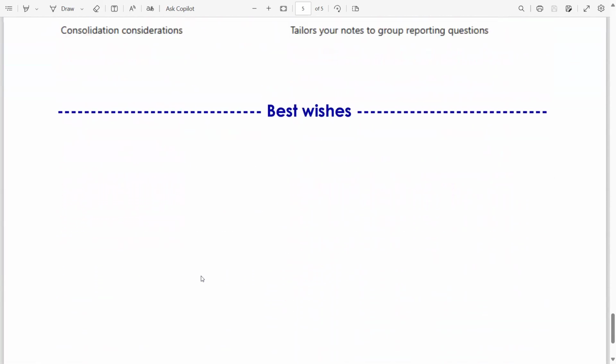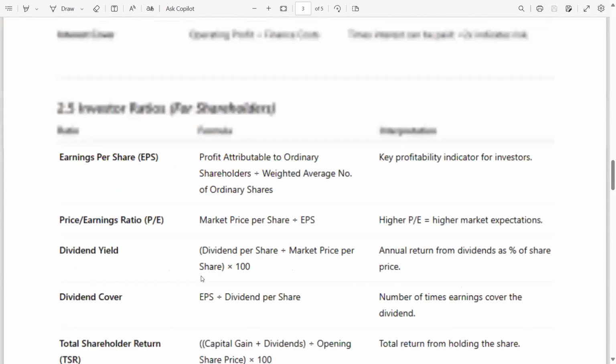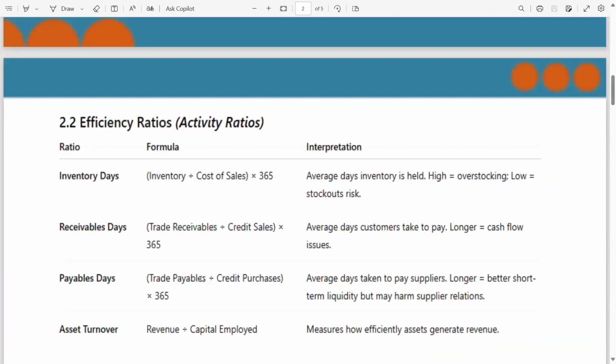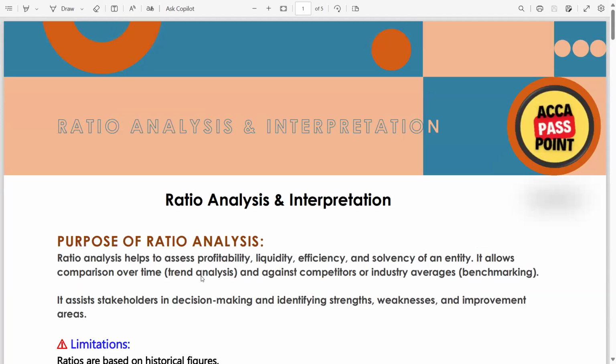So now guys, we are done with interpretation and ratio analysis. If you still have any doubt or any queries about interpretation, feel free to ask. Ratio questions are not that difficult. The calculation is simple and straightforward. You just need to enter the data in the formula which we have discussed in this lecture.